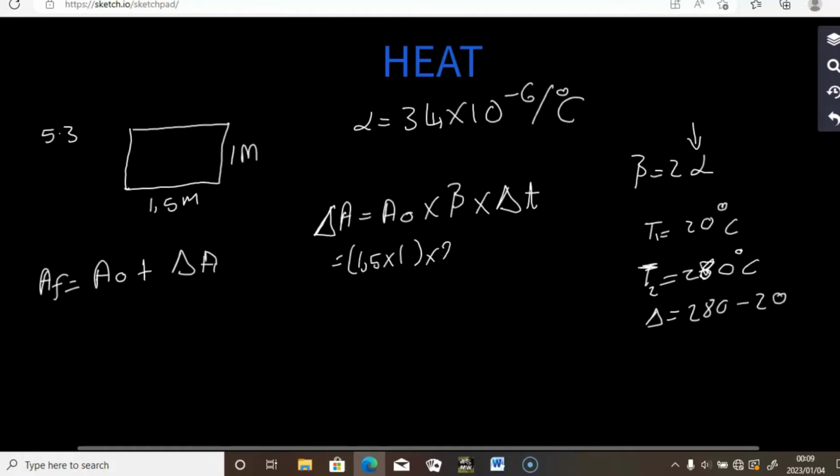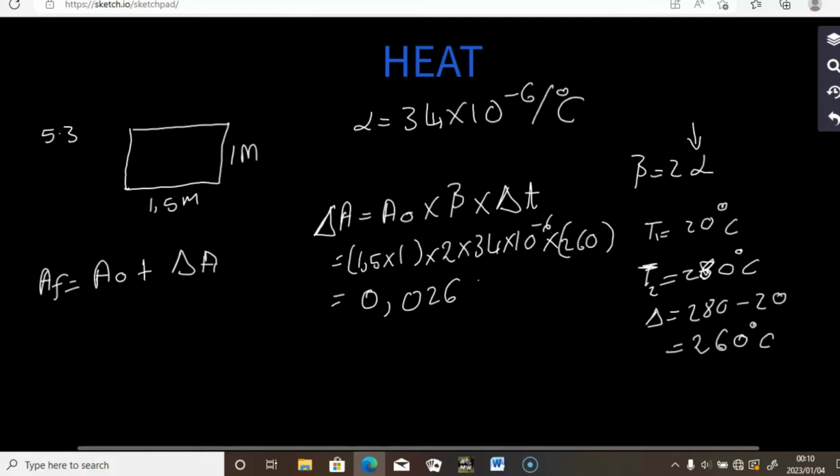We are going to have 2 times 34 times 10 to the power negative 6 times the change in temperature. Here, the change in temperature is 260 degrees Celsius. What is the value of the change in area? According to my calculator, it is 0.0265.